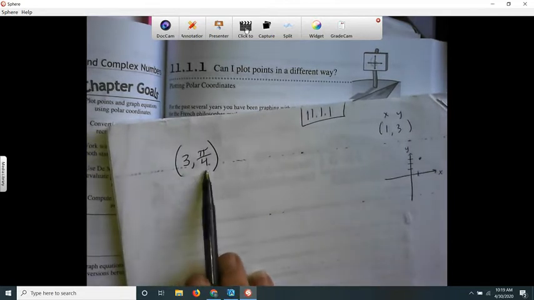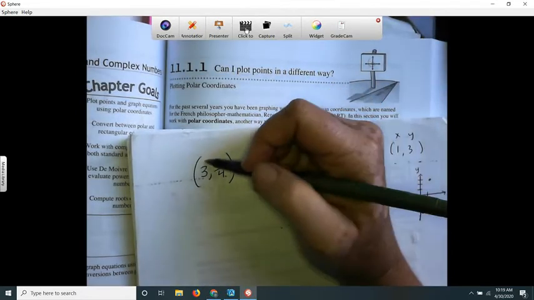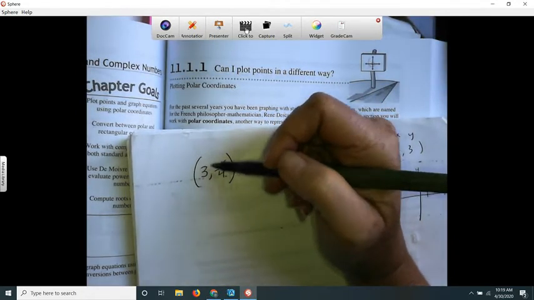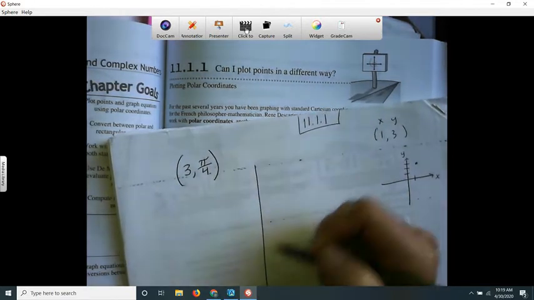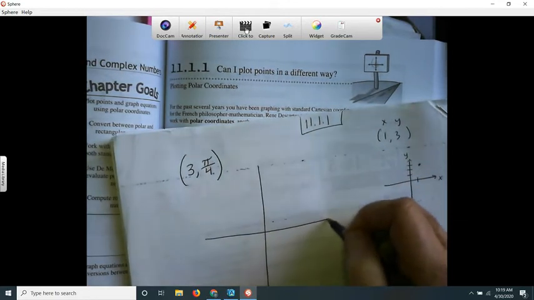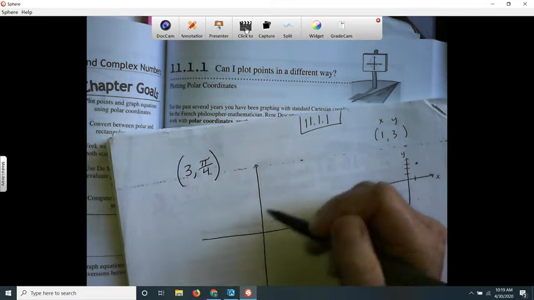With polar coordinates, they're kind of like vectors: this is a magnitude and this is a direction. So let me give you an example of how to graph this. You don't need any fancy polar graph paper at all.